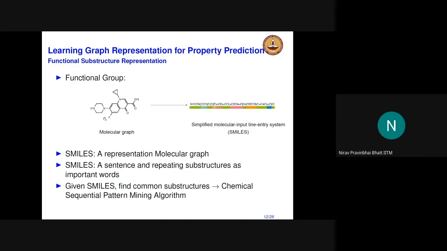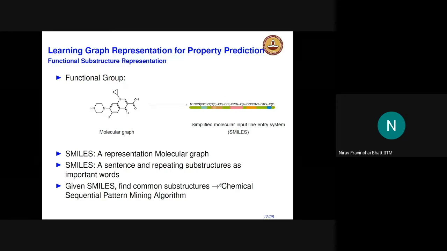Of course, you can do the same thing with a molecular graph, where you can find substructures using graph mining algorithms, but they are a little bit complicated. We thought, why can't we use SMILES and see if we can harness functional group properties just by using SMILES?